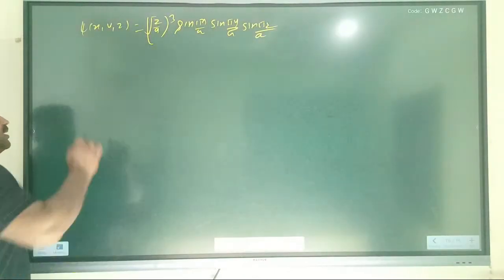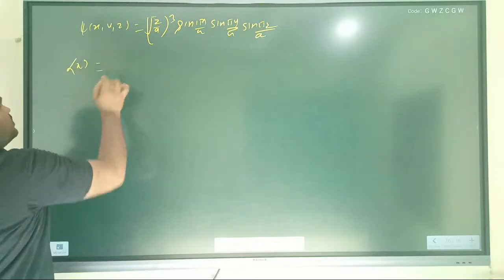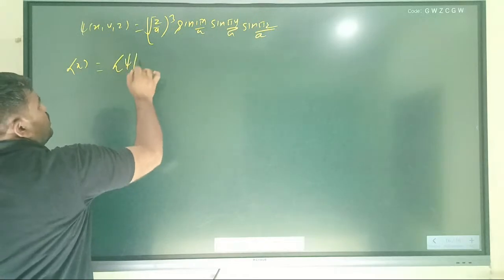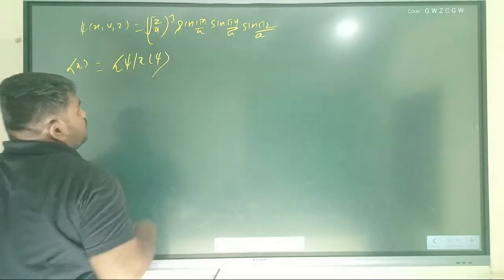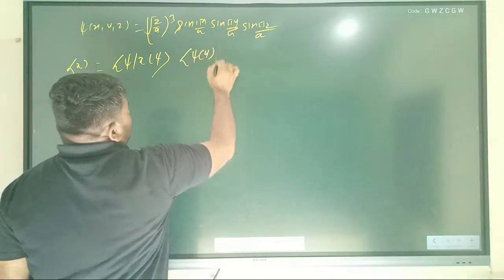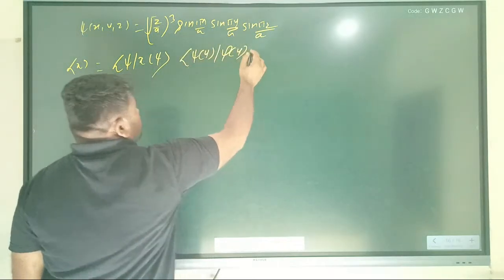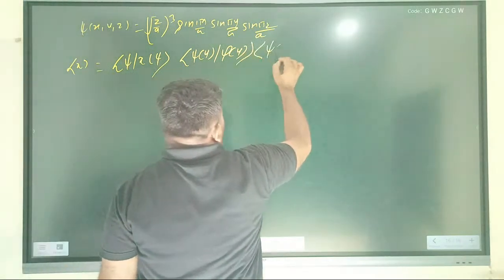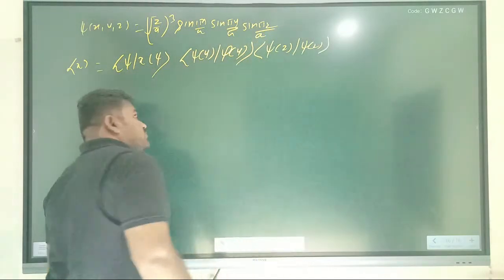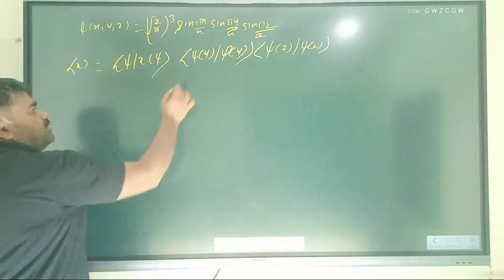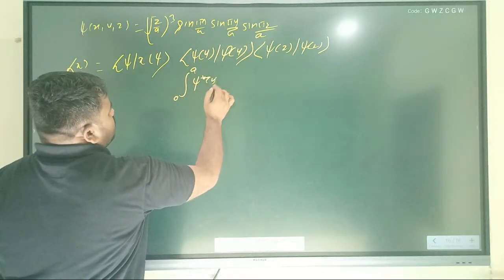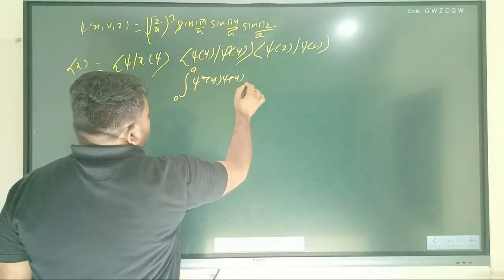और हमें expectation x निकालना है. तो again we are getting like that, psi star x psi, और सेकंड वाला क्या रहेगा, like psi of y into psi of z. ओके. psi of z मींस क्या? तो इंटीग्रेशंस 0 to a psi star of y into psi of y into dy.